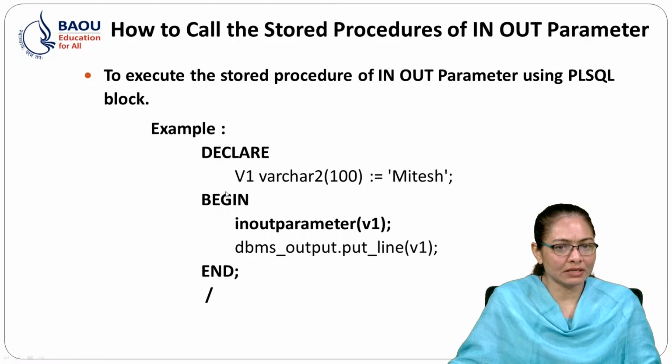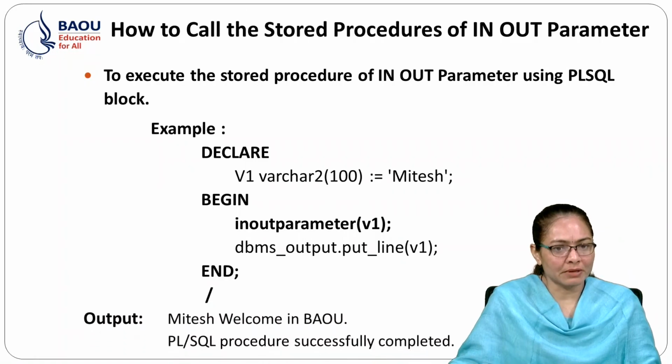Mitesh is stored in v1. In the BEGIN section, in_out procedure name and pass v1 is used to give the value to the procedure and receive the value from the procedure. See, in the output, Mitesh welcome in BAU.